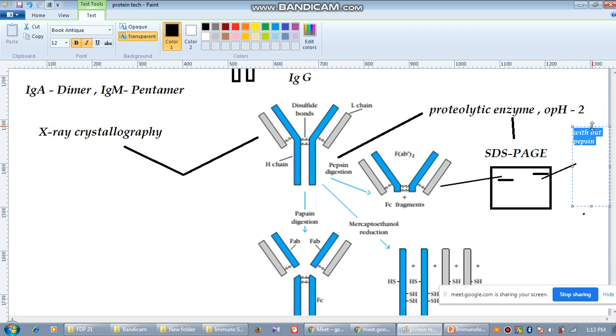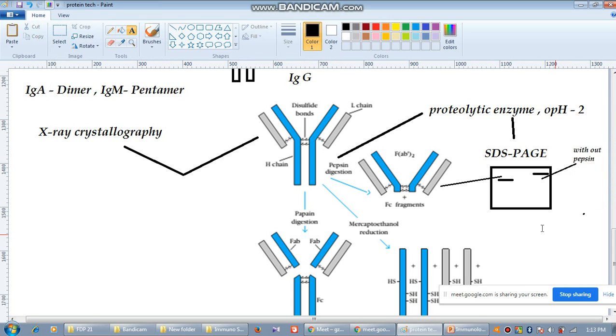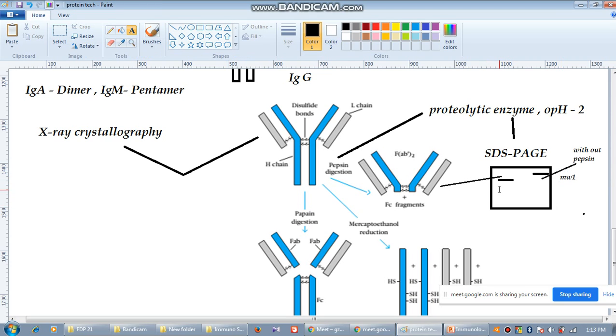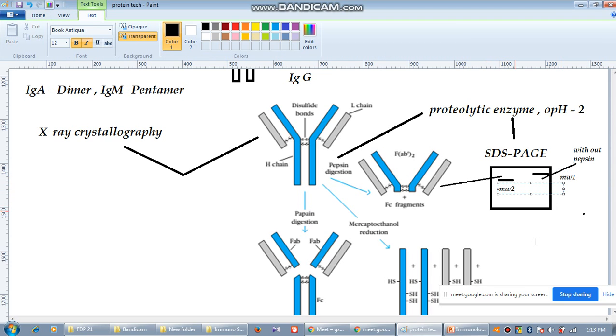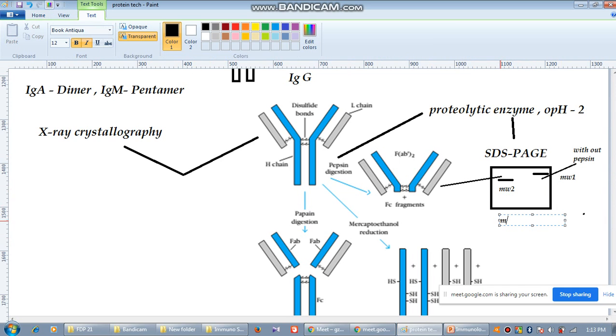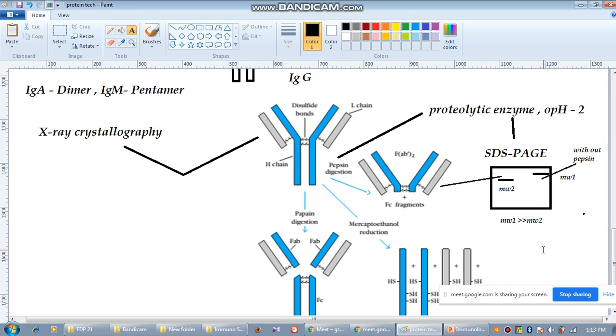Here you see, without pepsin we got a higher molecular weight, so we can write it as MW1, and this is your MW2. Now you see the result that MW1 is much bigger than MW2.